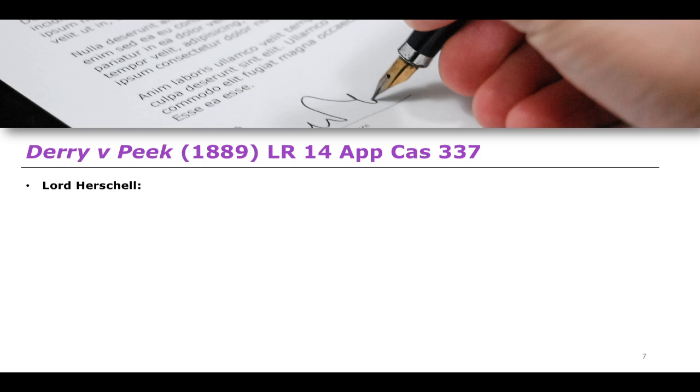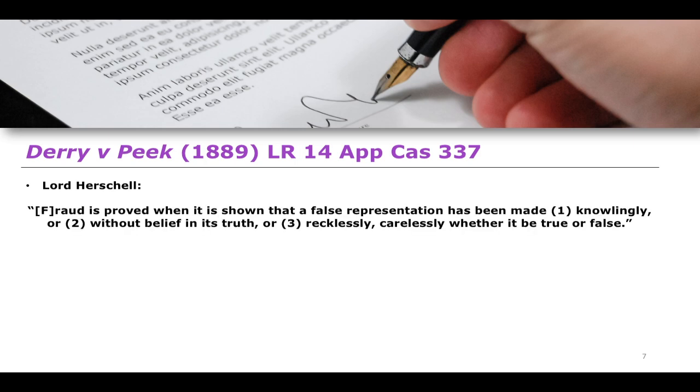According to Lord Herschell, we get this passage, quote, "Fraud is proved when it is shown that a false representation has been made, 1, knowingly, or 2, without belief in its truth, or 3, recklessly, carelessly, whether it be true or false." So, Lord Herschell makes something of a hair-splitting delineation between a false representation being made knowingly or without belief in its truth.